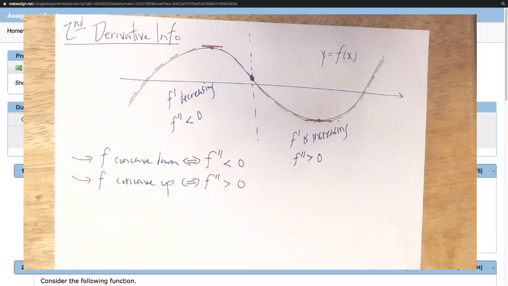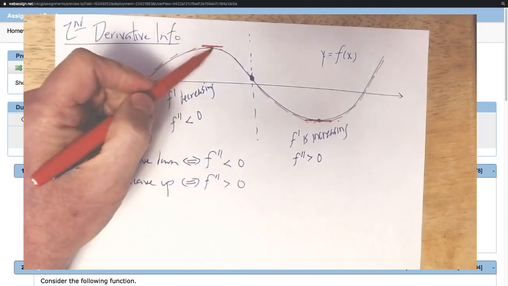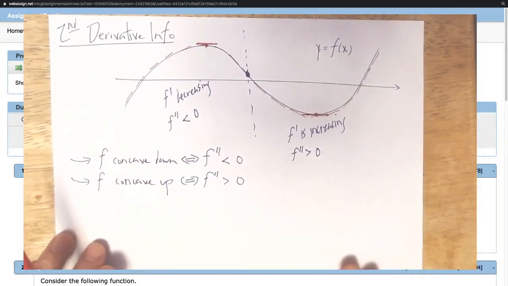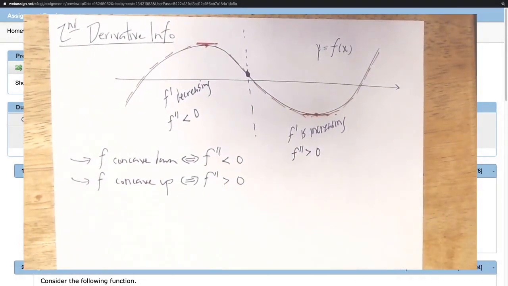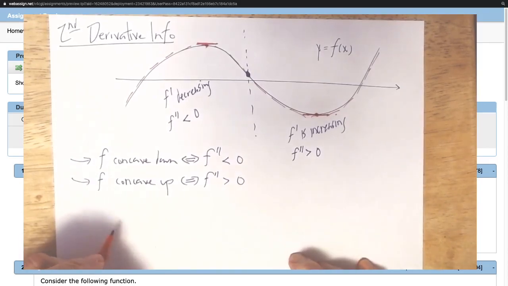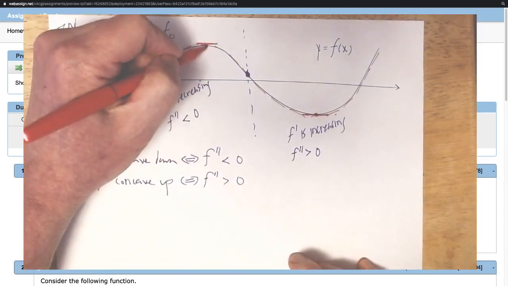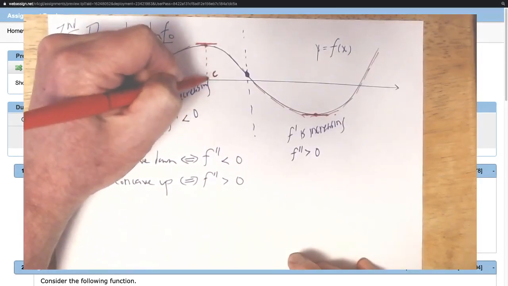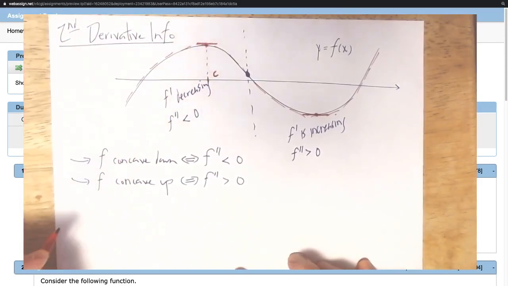But there's a little more to it than that as well, because the second derivative can tell us about peaks and valleys of a function. These points here where the first derivative is 0. Think about it for a second. What if I told you that I've got a point, let's call it C. I'm going to call out this point right here, that x value C, where the derivative is 0.